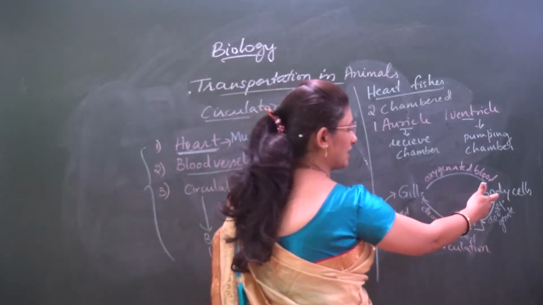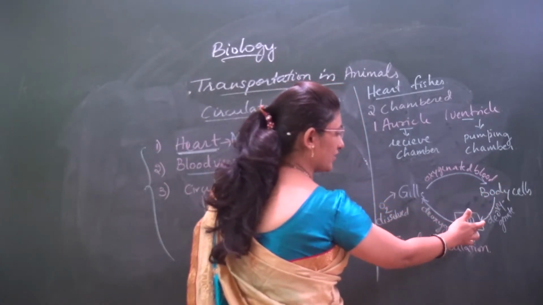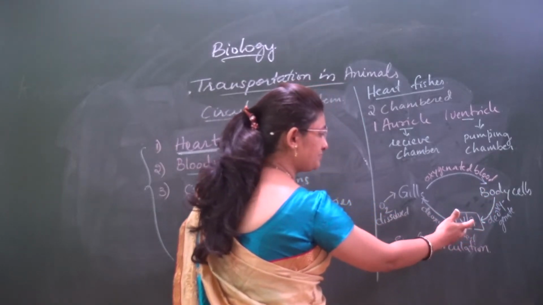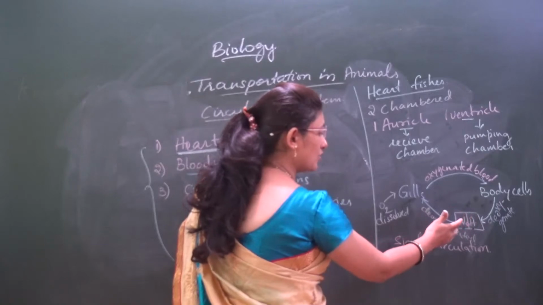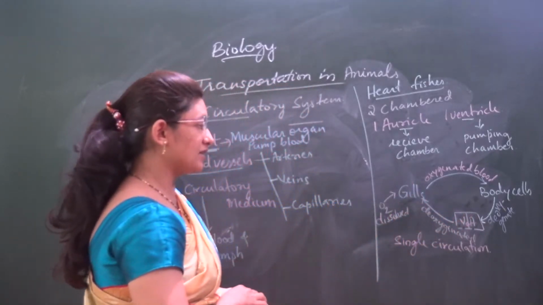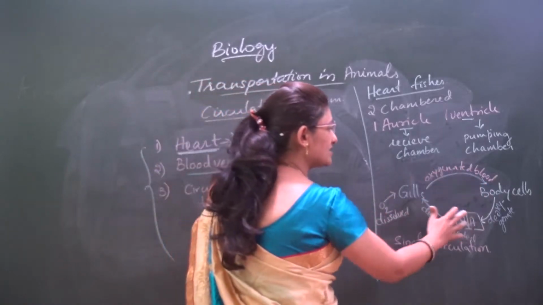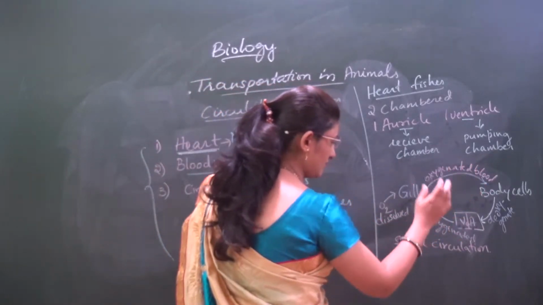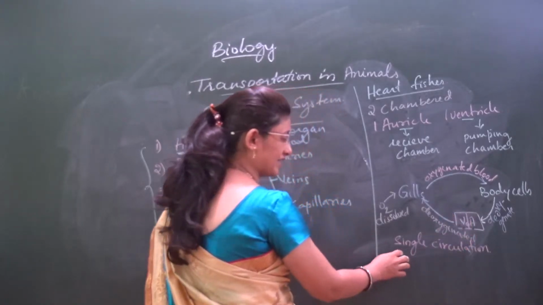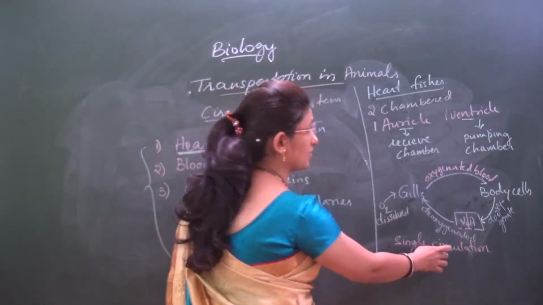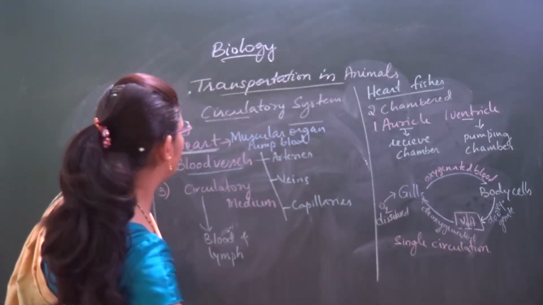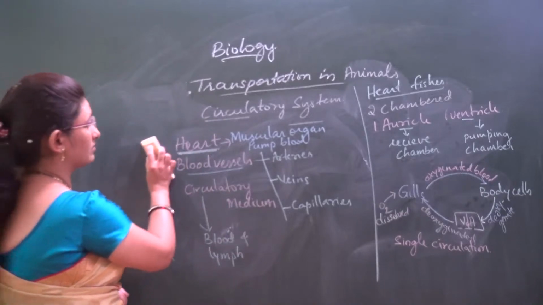Deoxygenated blood, it is called now, moves from the body cells into the auricle, then flows into the ventricle. The deoxygenated blood is taken to the gills for the exchange of gases. So, in this one complete circulation, the heart is receiving the blood only one time. So, it is a single circulation, which is seen only in fishes.